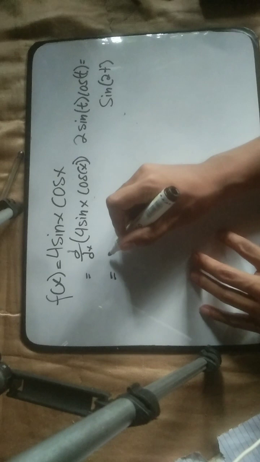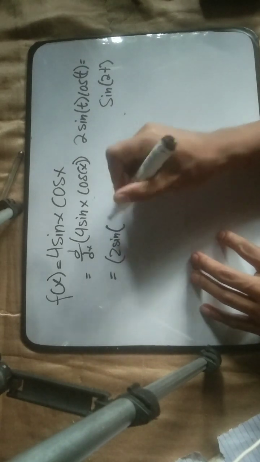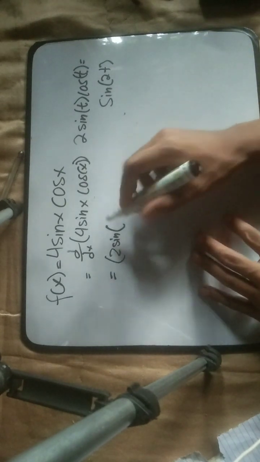sine 2t. Now we will use this in this function. So 2 sin t, where our 2t is 2x.